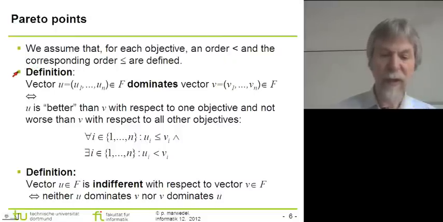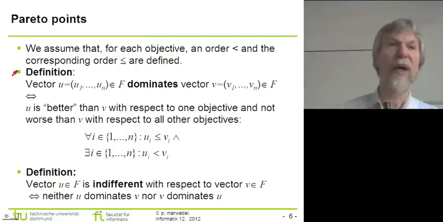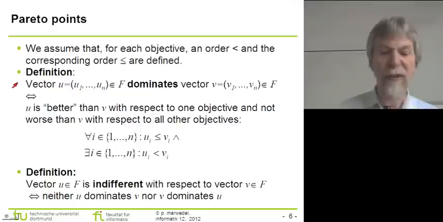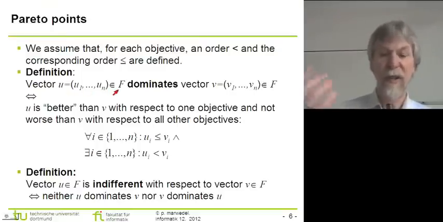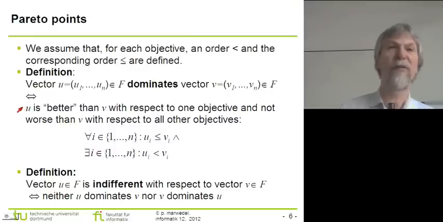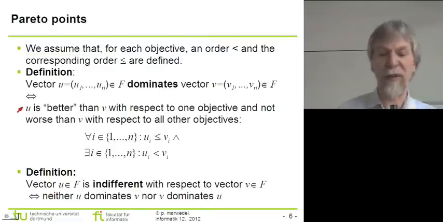Using this ordering, we can define what it means that one design is better than some other design. And we are phrasing this as follows. We are calling a certain vector u, which in this case is a vector in the objective space, dominating some other vector v if this vector u is not worse with respect to any of the objectives, but better than this vector v with respect to at least one objective.